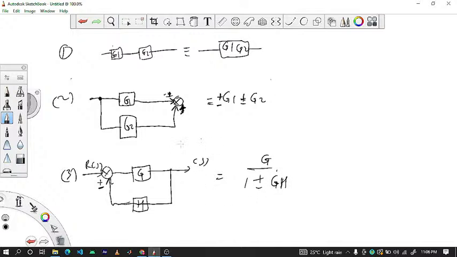I use plain English words so that when I see that, I just know I'm talking to myself and do it straightforwardly. You can adapt that way of solving it too. So top, the forward part, over 1 plus or minus G H. It becomes a plus if it's minus, so they are opposite. If it's negative feedback, the equation is plus. Positive is minus.